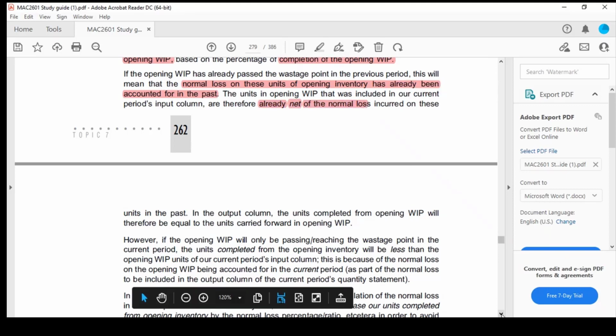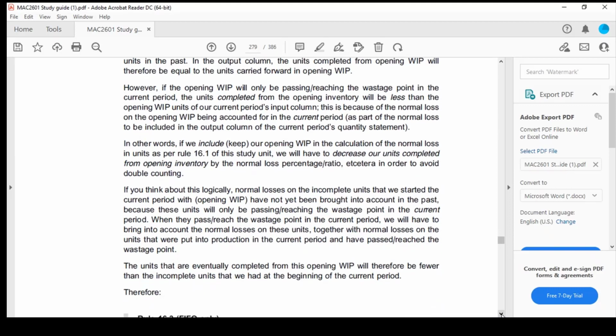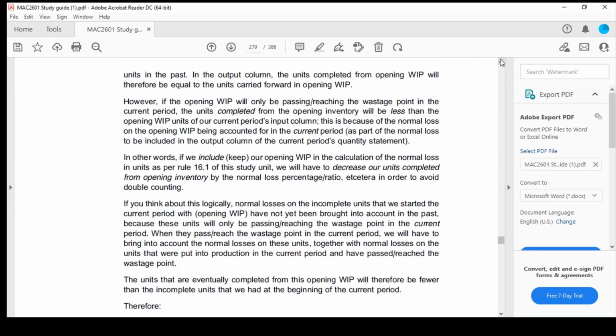So meaning, if in the previous process my opening WIP came in at 40,000, you have to remember that this 40,000 might be net of this loss, meaning they would have taken that 10% already from the previous process, right? So in the output column, the units completed from WIP will therefore be equal to the units carried forward.